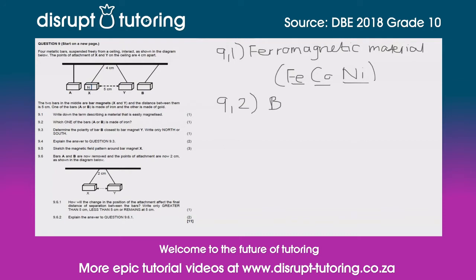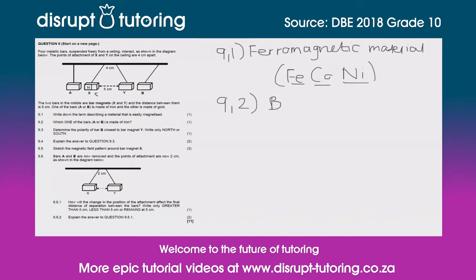9.3 says determine the polarity of bar B closest to the bar magnet Y and write only north or south. So if they've given us that there is a north on one side of X, we can work backwards.